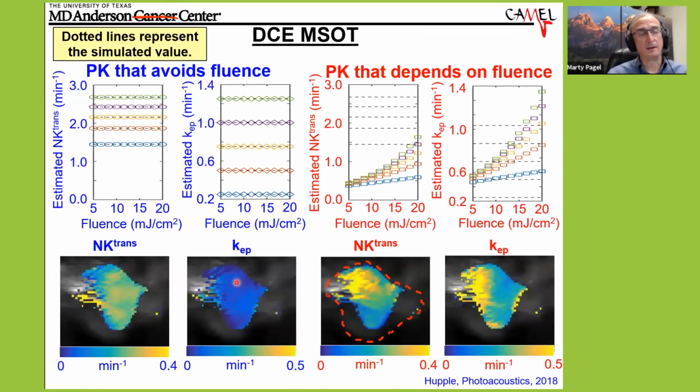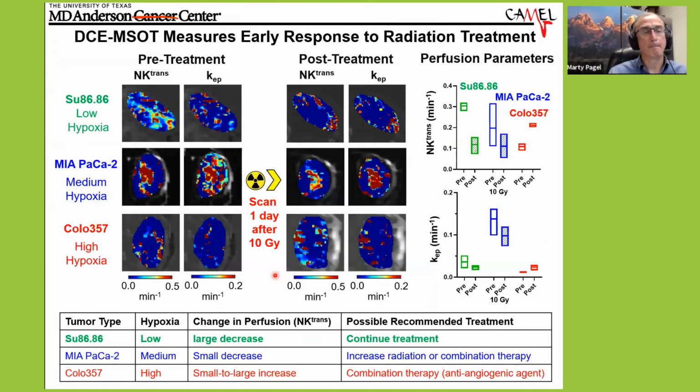Just some quick data to show that we do take out this effect of the variable fluence, the variable amount of light that gets into tissue. You can see there is a gradient if we don't account for that. If we do take that into consideration and use the correct equations, we can avoid a gradient effect within the tumor.